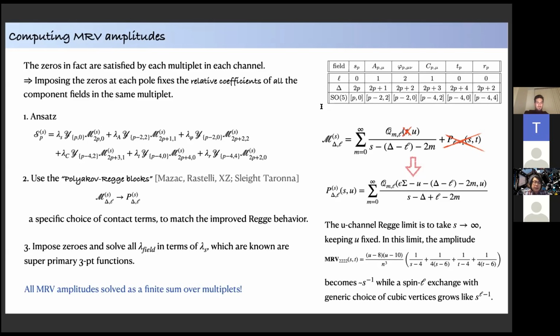We can do that in 3 steps. The first step is to write down the ansatz, which is just a linear combination of the 6 diagrams. Here, these M's are the Mellin amplitudes for the diagram of each exchanged field, and these lambdas are some coefficients we haven't fixed.